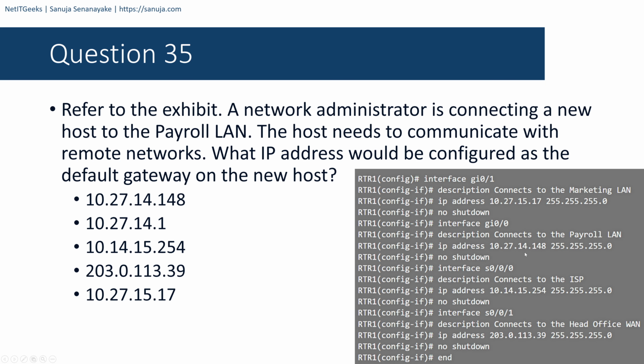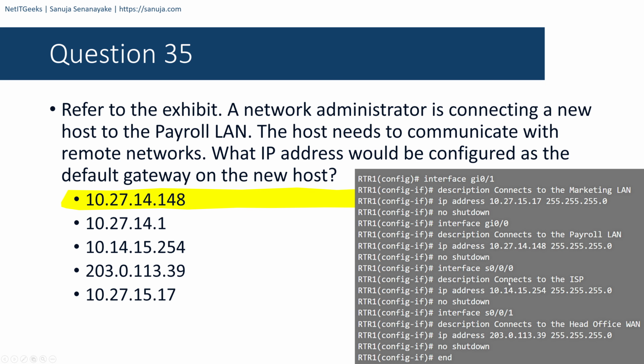In other words, the payroll LAN has the default gateway configured as 10.27.14.148, and that should be the answer here, because the device is connecting to the payroll LAN and it says so right there. There's no way to verify anything else here without a Packet Tracer file or some kind of lab file.